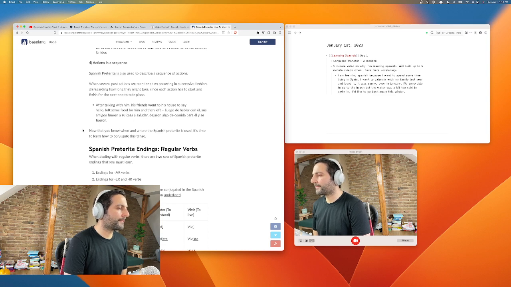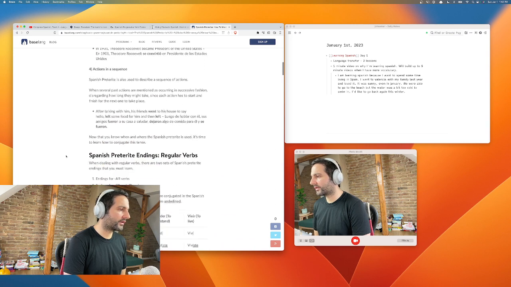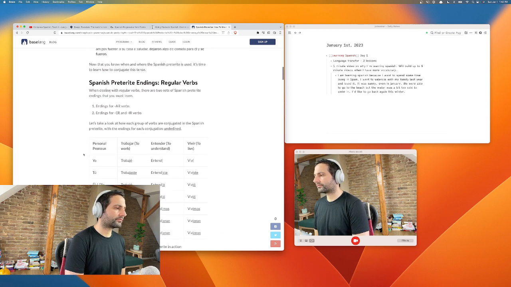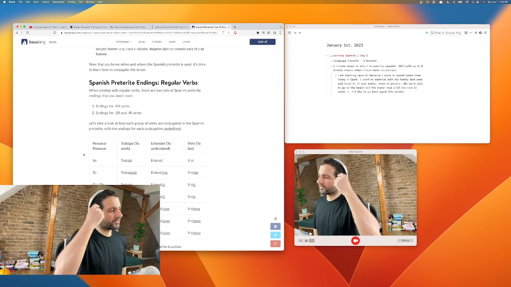Okay. Well, the case that we need to focus on is the completed event or action. When dealing with regular verbs, there are two sets of preterite endings you must learn. Endings for AR verbs and endings for ER and IR verbs.